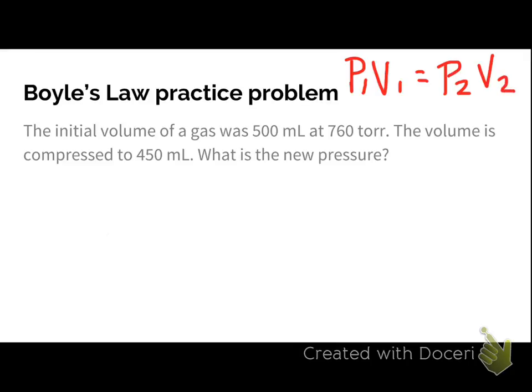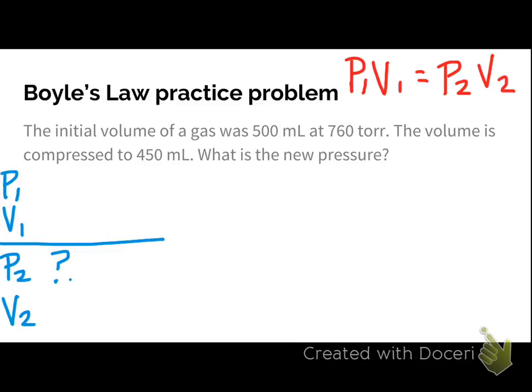The initial volume of a gas was 500 milliliters at 760 torr. The volume is compressed to 450 milliliters. What is the new pressure? Let's just organize our variables first. What is the new pressure? That means we're solving for our pressure 2.